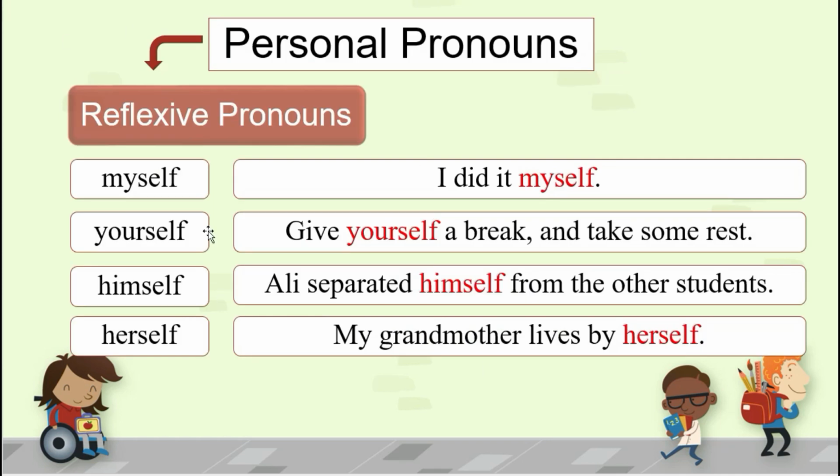Now I have jotted down a few of the examples for reflexive pronouns. Myself, I did it myself. Yourself, give yourself a break and take some rest. Himself, Ali separated himself from the other students. Herself, my grandmother lives by herself.